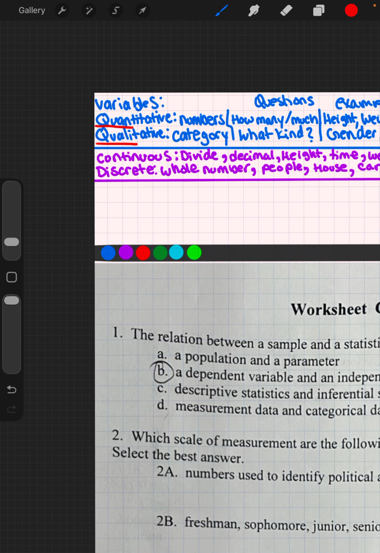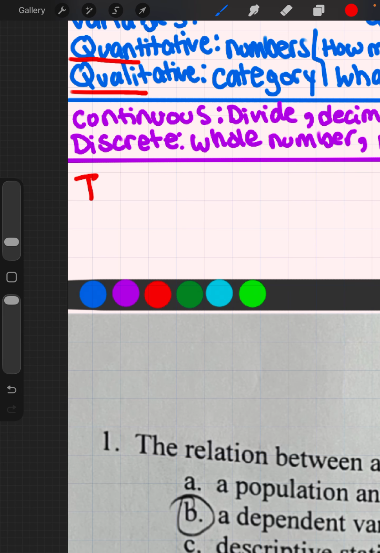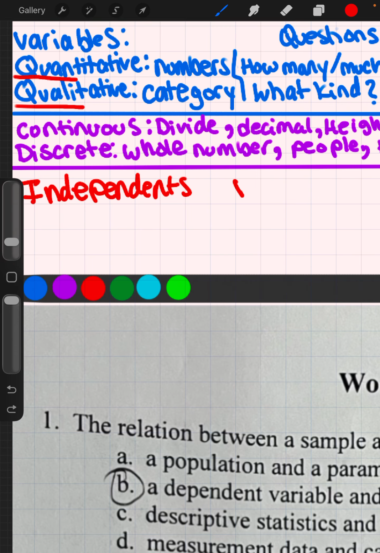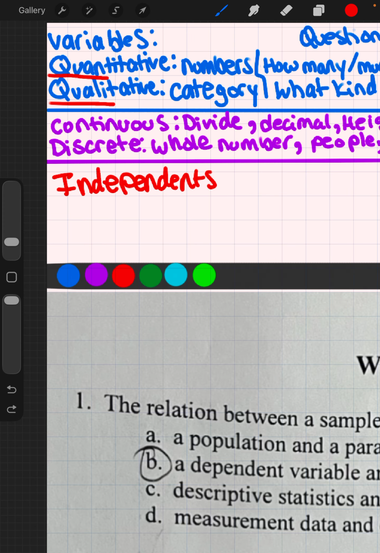What else? We can do independent versus dependent.